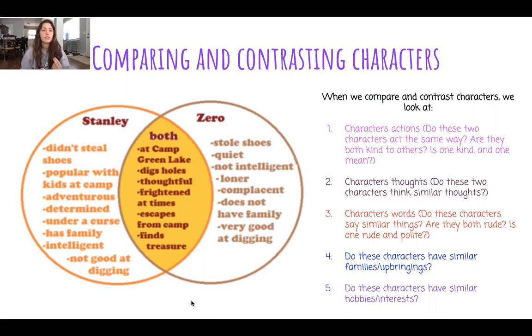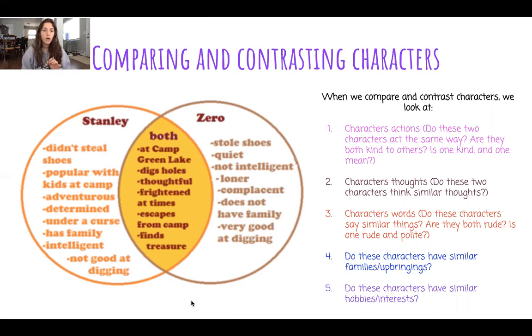And then the similarities between the two of them are the pretty obvious ones. They're both at Camp Green Lake, they both dig holes, and they both escaped from camp, and so on and so forth. So those are different ways that we can compare and contrast characters. Comparing is when you find the similarities, and contrasting is when you find the differences.